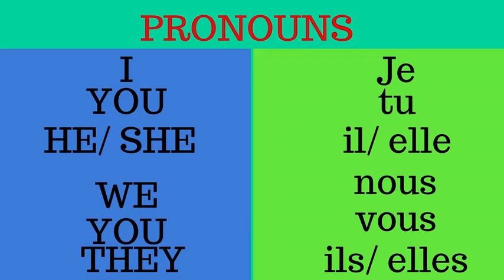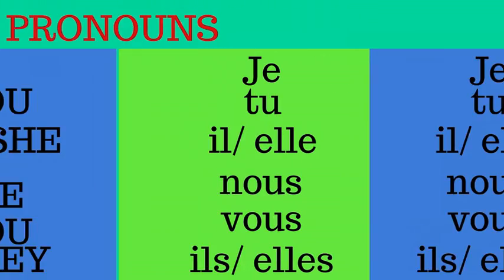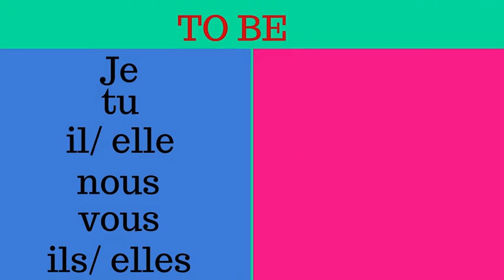So here you have all the pronouns. Je, tu, il, elle, nous, vous, ils, elles. Right? Okay. So now let's have a look at the verb être. In English, you have different forms, but you don't have too many. But in French, you're going to see every time it's a different form of the verb être.